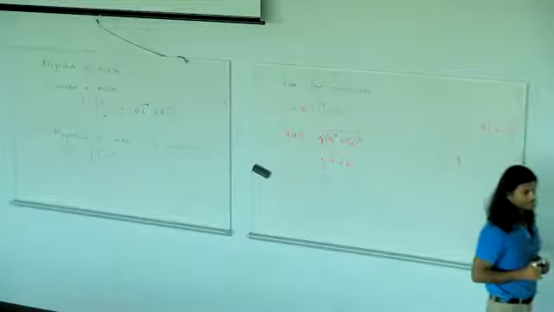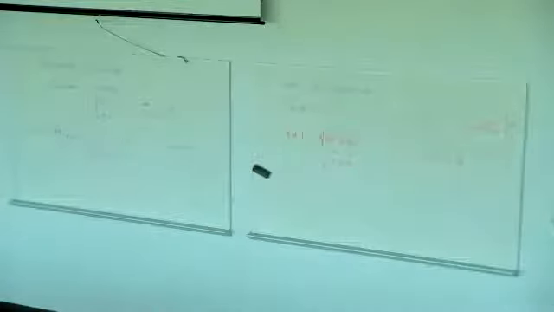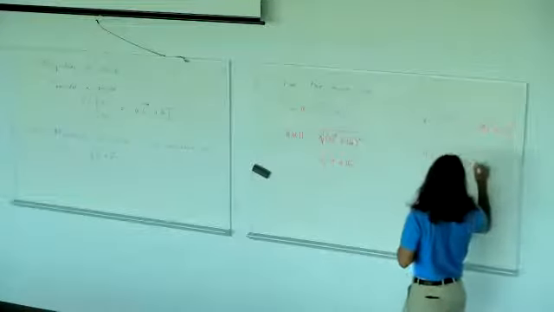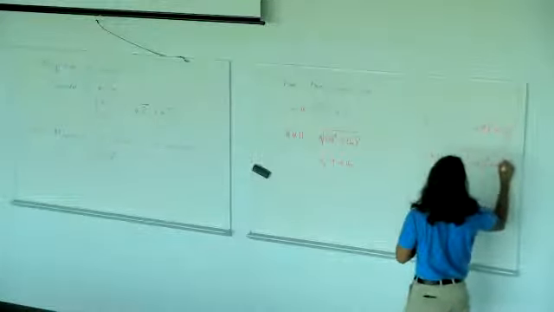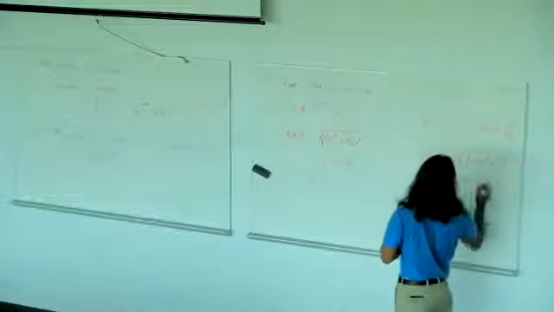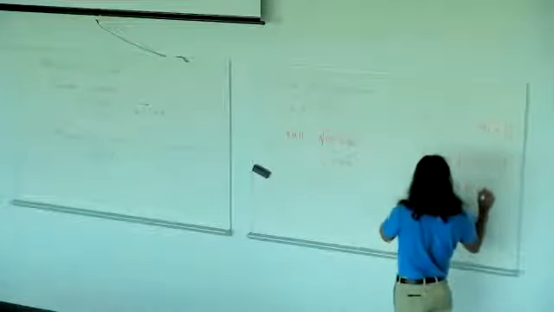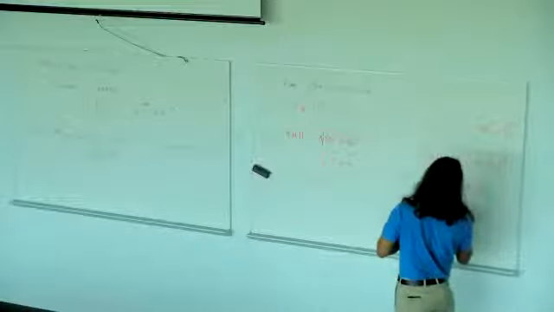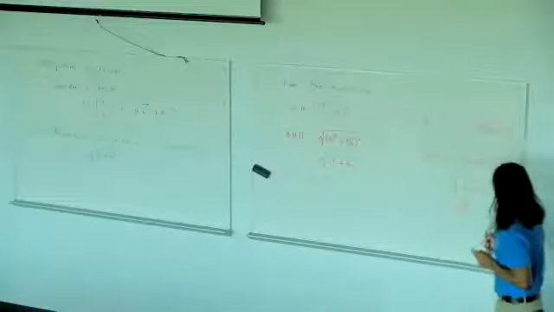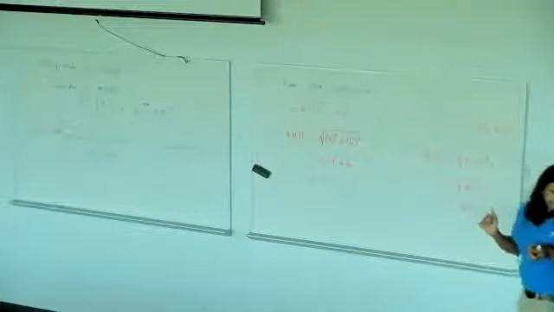What is important is the negative. I advocate this a lot. Parentheses. Negative 9 squared plus 2 squared. 81 plus 4, square root of 85. Approximately 9.2 something.